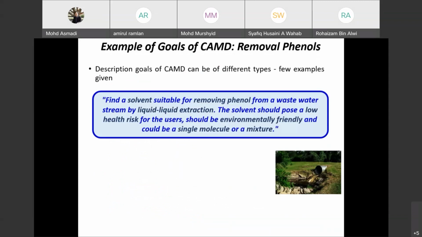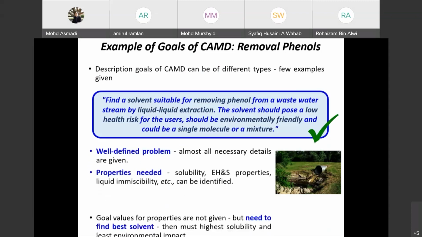Okay, semua is a detail, right? Properties needed macam EHS, environment, health and safety can be identified kan. Okay. And then kita boleh find the best solvent lah for this one. Yang ni well-defined problem lah.